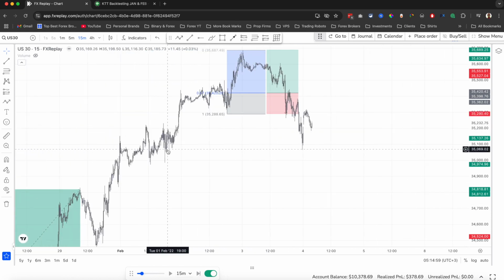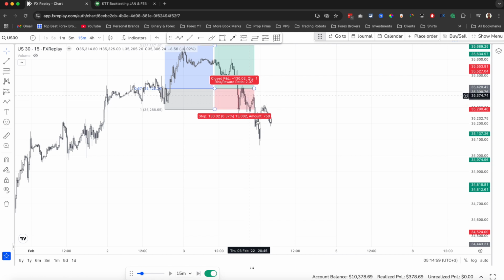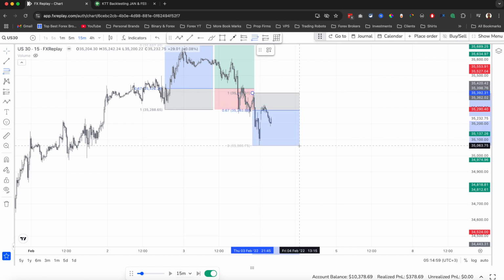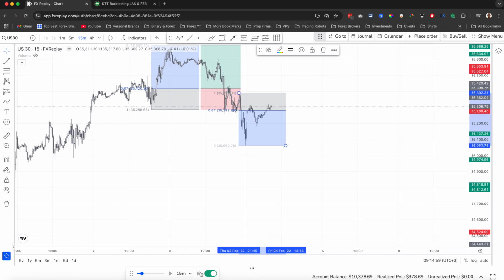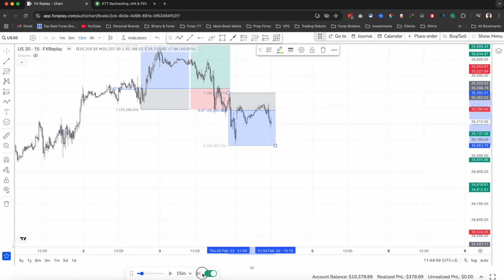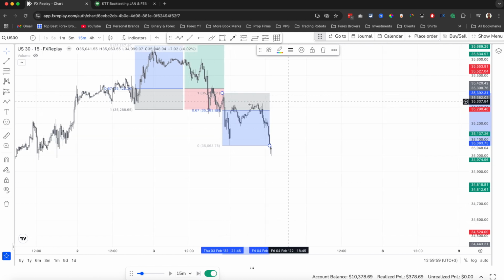Looks like the price is now going down. No, is it? No. The price has now wicked down here. There was a break of structure and then another break of structure. You see, the price has now retraced back. Oh, this could be a win, right? Because there was a break of structure.